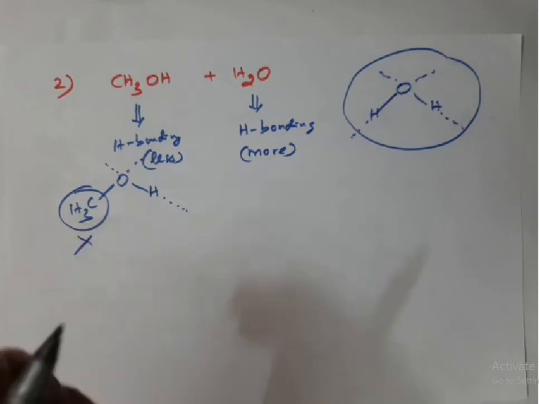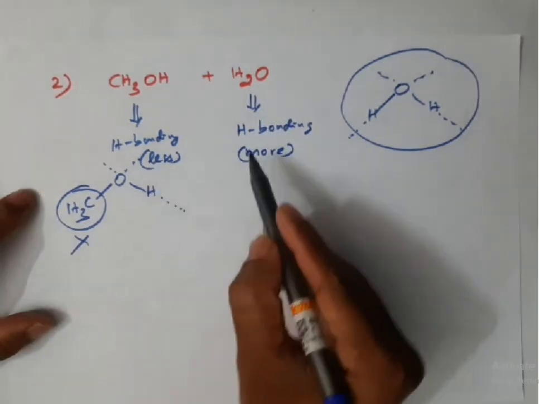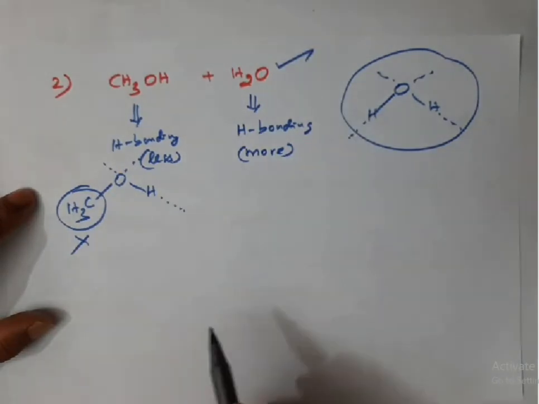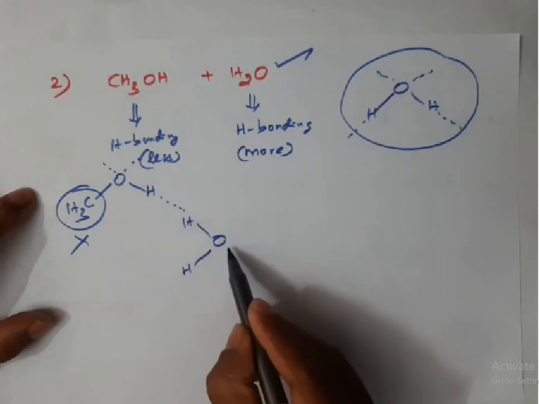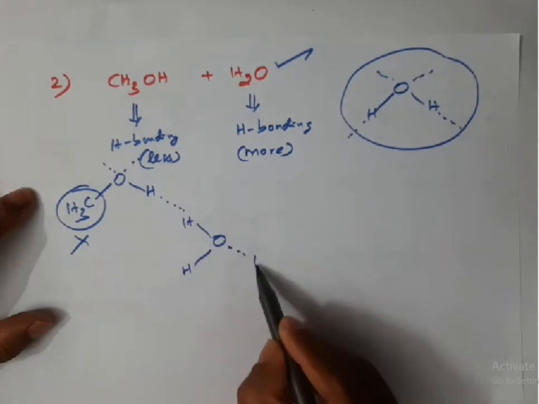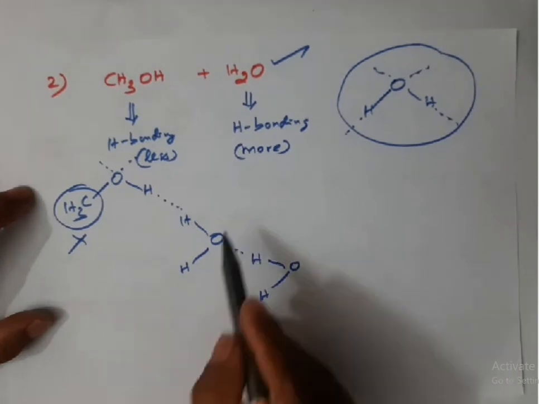That methyl group does not form any hydrogen bond with the other molecule. Among these, which is stronger? Water, right? So in water we have hydrogen bonding between one water molecule and another water molecule. We have strong hydrogen bonds.